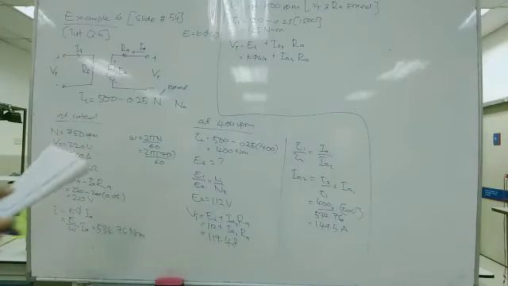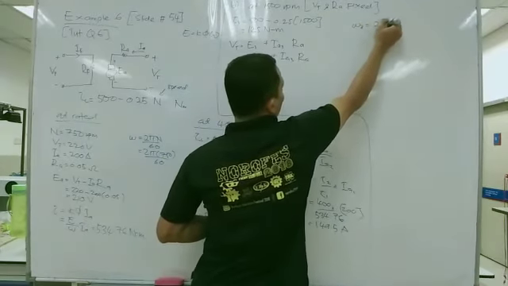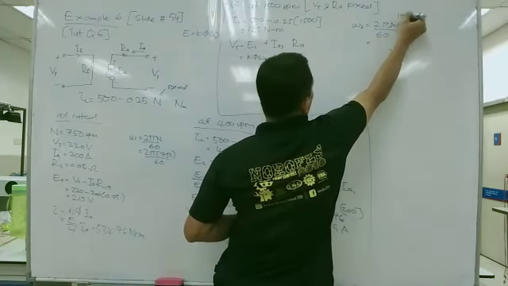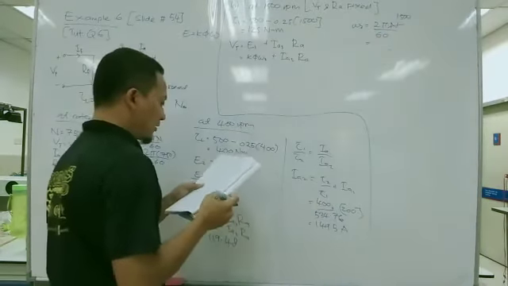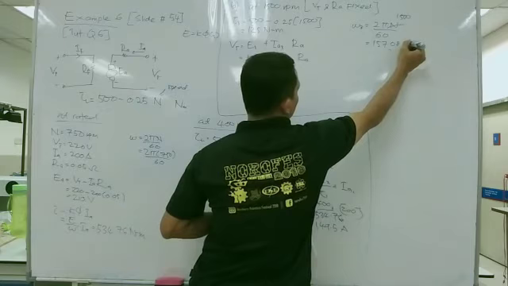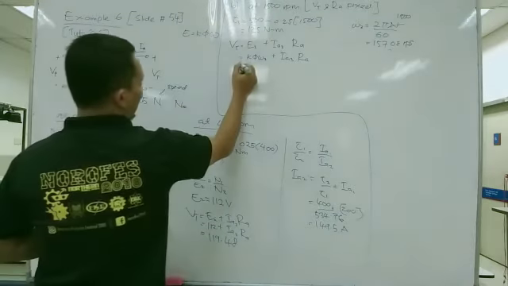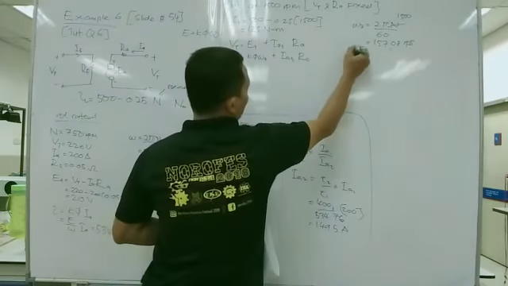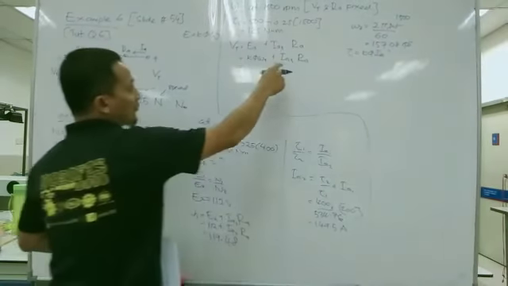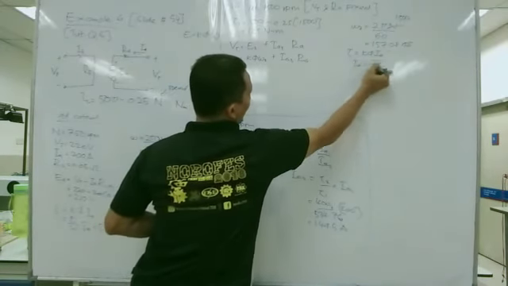So omega 3 equals 2 pi n over 60, where n equals 1500 RPM. So we get omega 3 equal to 157.08 radian per second. And then for K flux, we have the equation torque equals K flux IA.